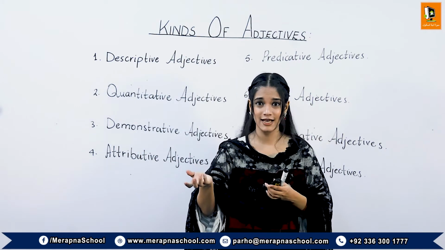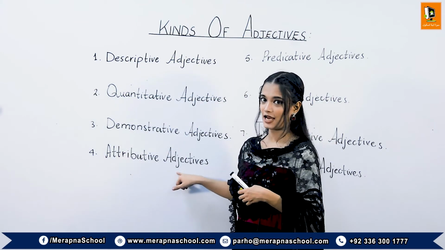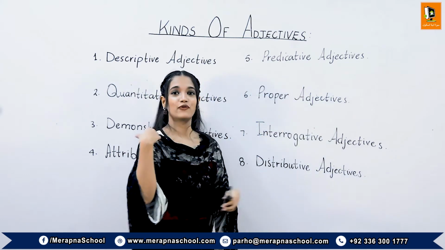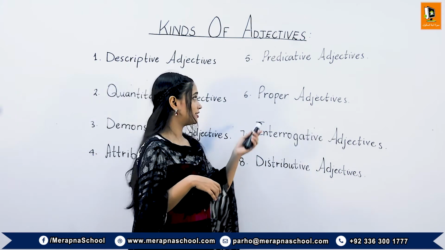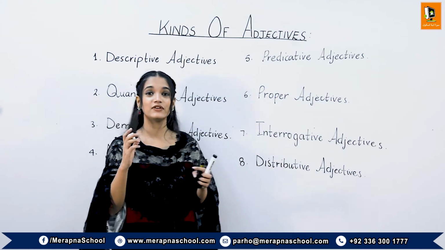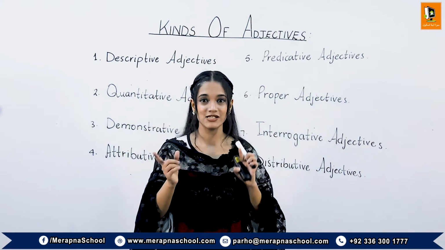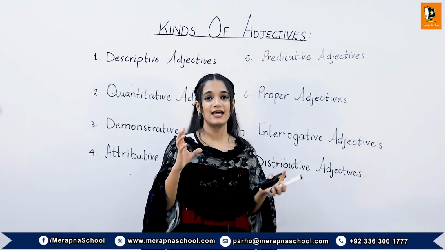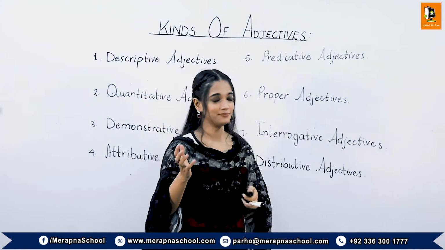They describe the noun, but in the sentence attributive ones come before the noun and predicative ones come after the linking verb. The proper adjectives are formed from proper nouns. They are always capitalized. They represent a nationality or regional affiliation.